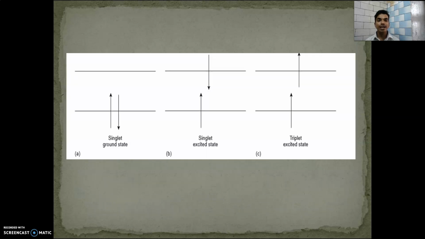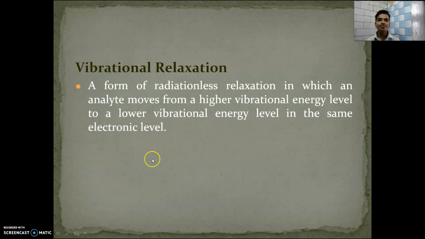Here we have the Jablonski diagram with the singlet excited, triplet excited, and singlet ground states. Vibrational relaxation is a form of radiationless energy relaxation in which a molecule moves from a higher vibrational energy level to a lower vibrational energy level in the same electronic level.